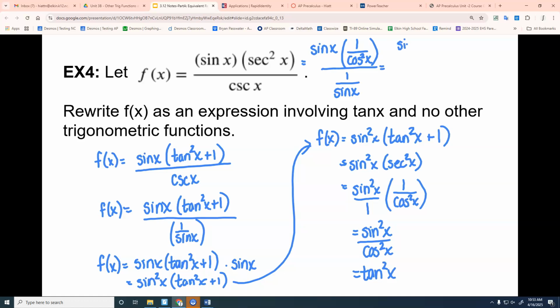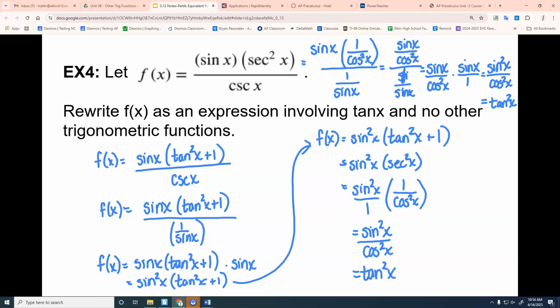So I'd have sine x over cosine squared x over 1 over sine x, and I would flip the second and multiply, so I'd get sine x over cosine squared x times sine x over 1, which would give me sine squared x over cosine squared x, which would be tangent squared x.